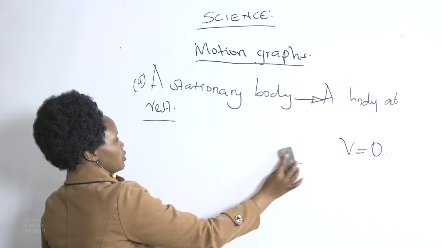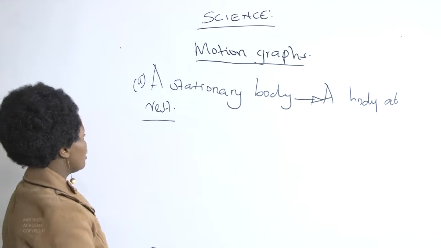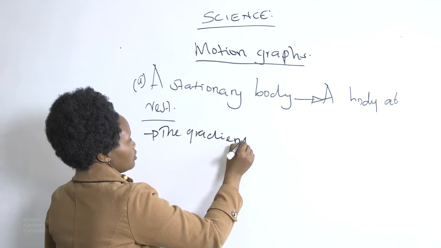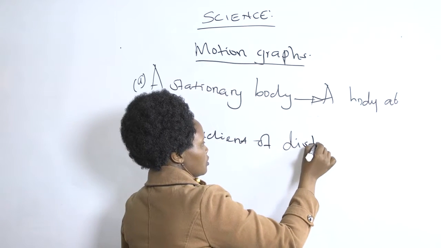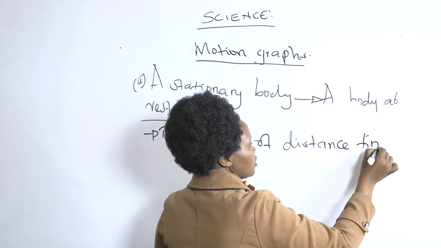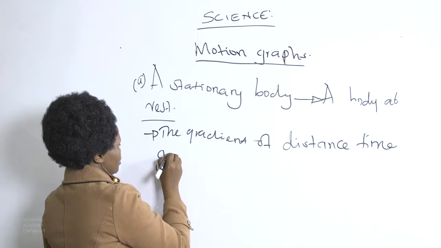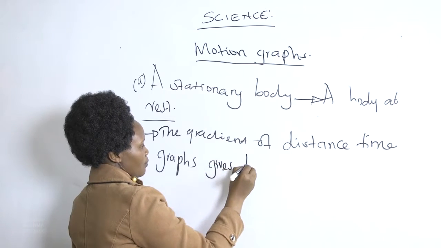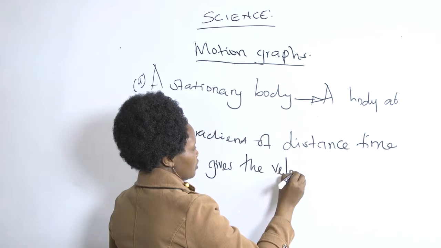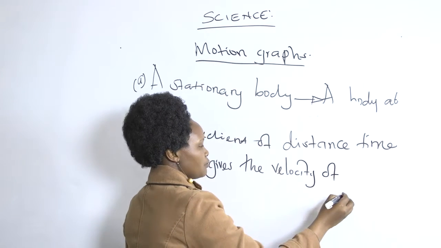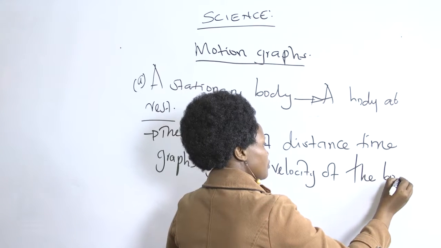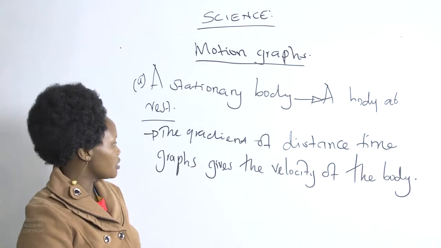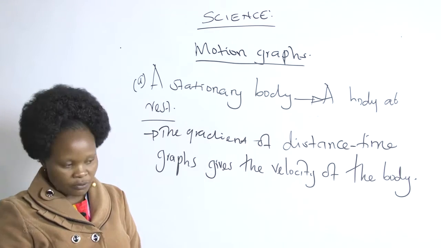Again, it is worth noting down that the gradient of distance-time graphs always gives the velocity of the body.